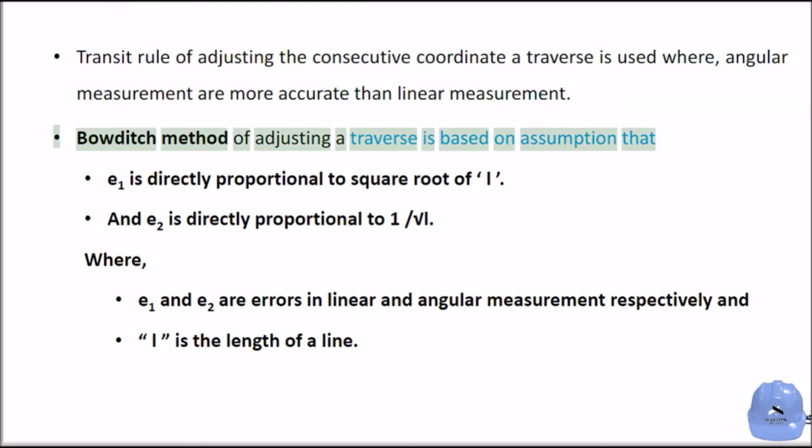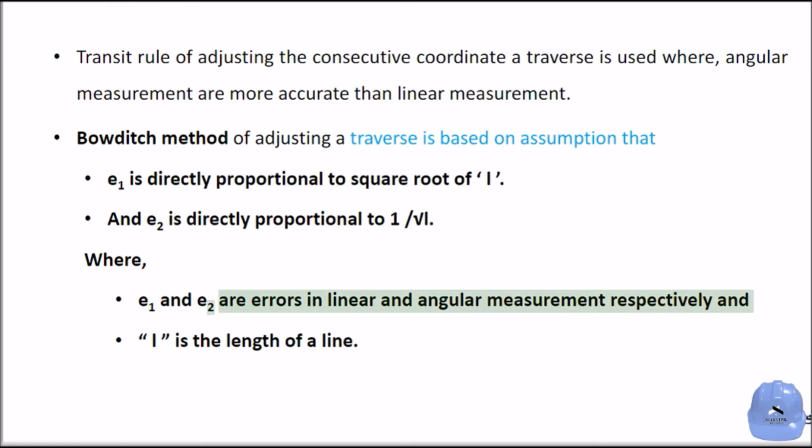Bowditch method of adjusting a traverse is based on the assumption that E1 is directly proportional to √L, and E2 is directly proportional to 1/√L, where E1 and E2 are errors in linear and angular measurement respectively, and L is the length of a line.